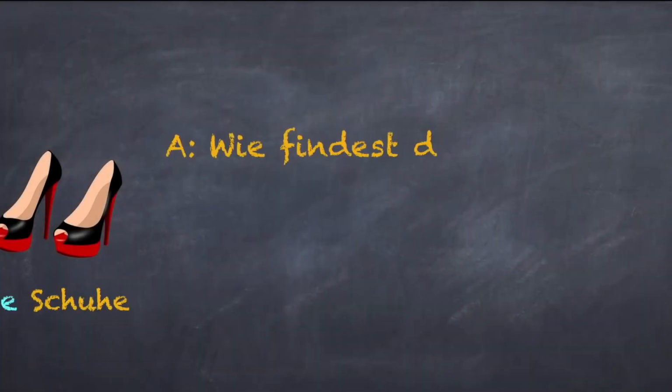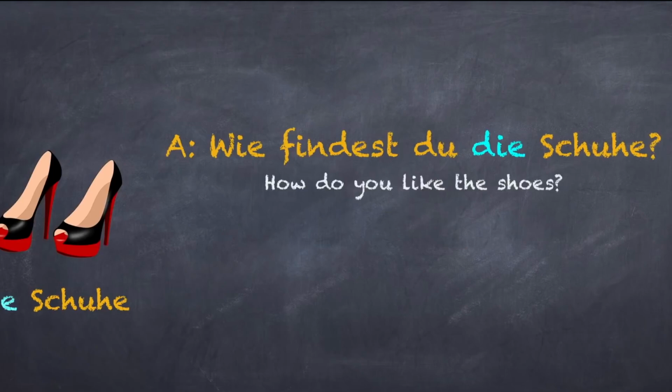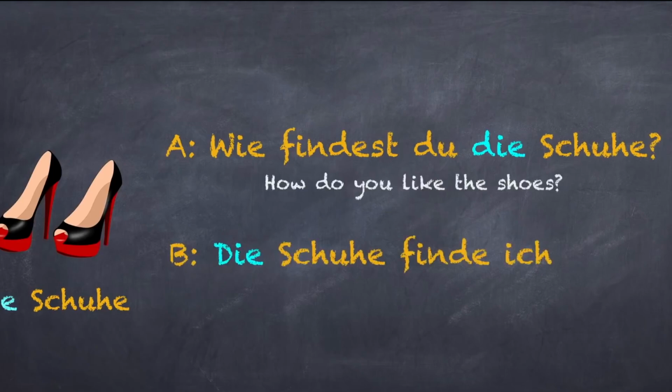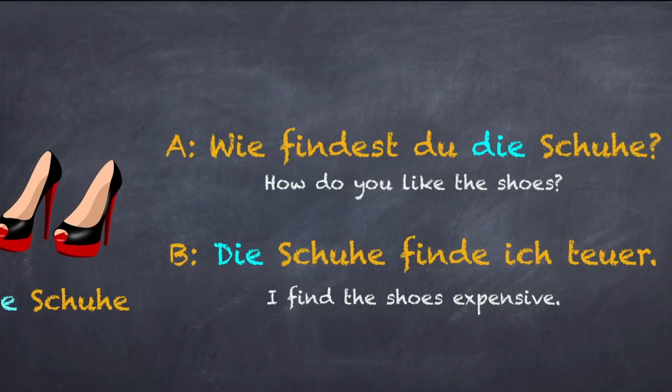Now let's come to an accusative object in plural. Wie findest du die Schuhe? Die Schuhe finde ich teuer. When the accusative object is plural with the article die, it remains the same as it was in nominative, that is, die.